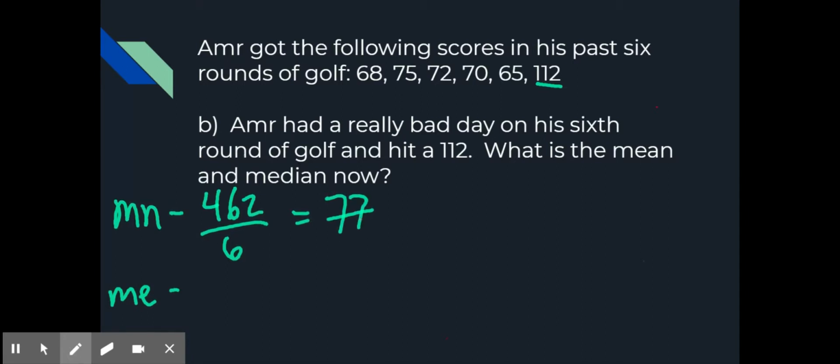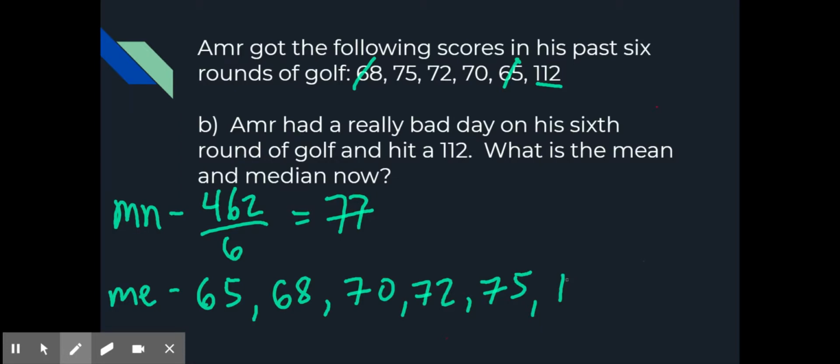And now let's try our median. Let's order it from least to greatest. 65, 68, 70, 72, 75, 112. Okay, this is where you're going to see what happens when you have two numbers in the middle. So we're going to mark one off from the left and right.